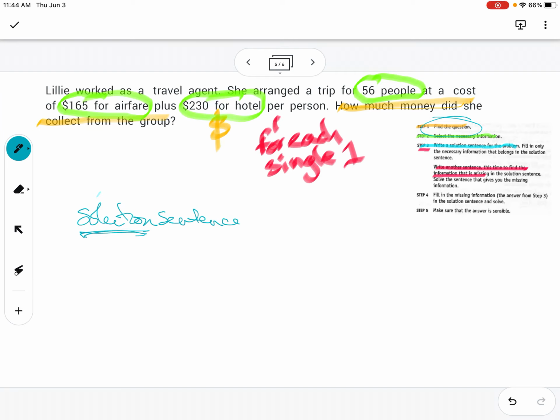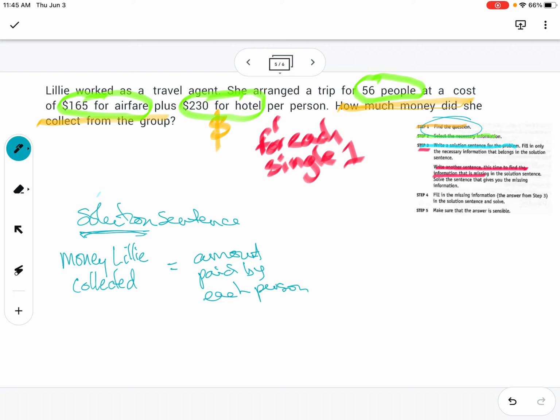So I'm going to write down how I'm going to find that. I'm going to say money that Lily, that's the person's name, collected is equal to, what's it going to be equal to? Well, every person is paying something, so the amount paid by each person, and there's 56 people.